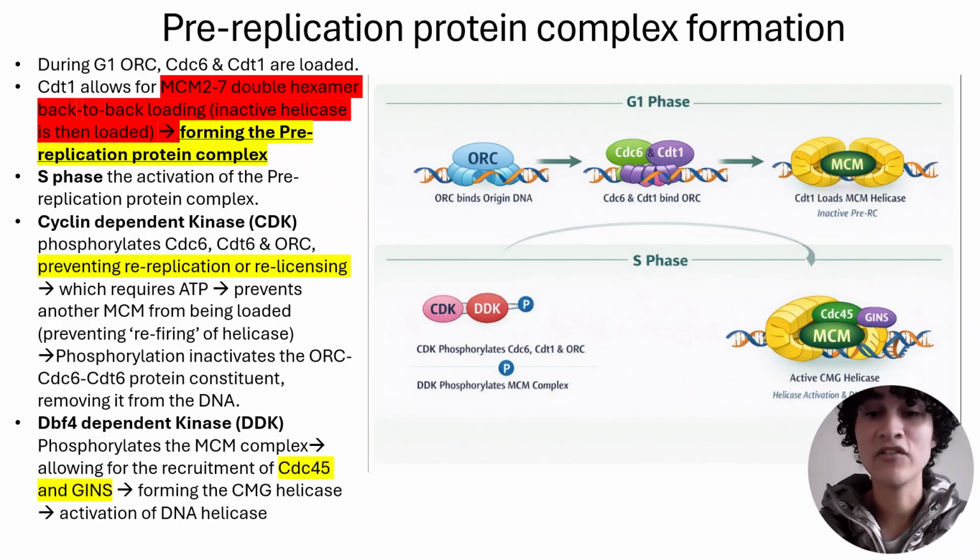You only get your replication bubble, you only get the break of the bonds, when D-dependent kinase comes and phosphorylates the MCM2-7 dimer. Okay, respectively, D-dependent kinase will phosphorylate each of those hexameric helicases that are loaded back to back in that protein dimer to allow for the respective recruitment of those CDC45 and GINS constituents. Okay, and once they've coupled with those constituents, they become active motor proteins.